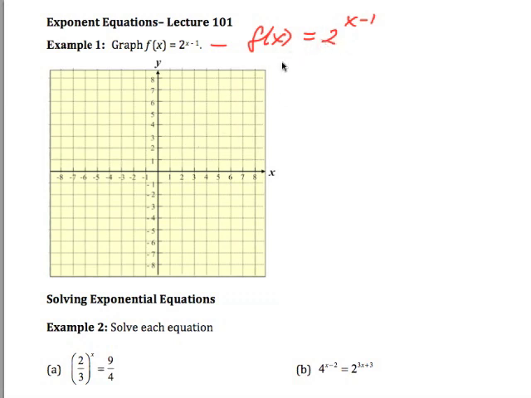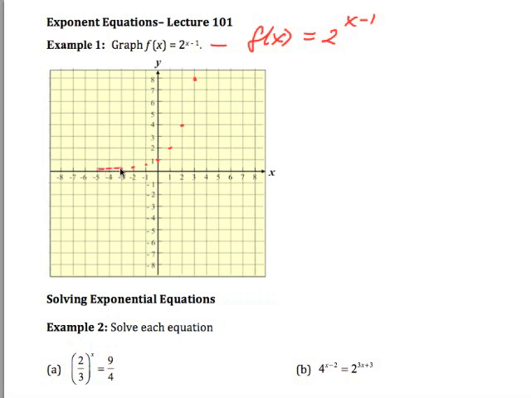So we can start with the very first basic function, which is just 2 to the x. When I have 1, I'm going to have 2, and when I have 2, I'm going to have 4. When I have 3, I'm going to have 8, and we have a half here, so we know how to draw this one.